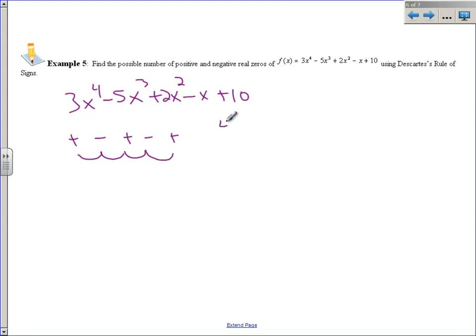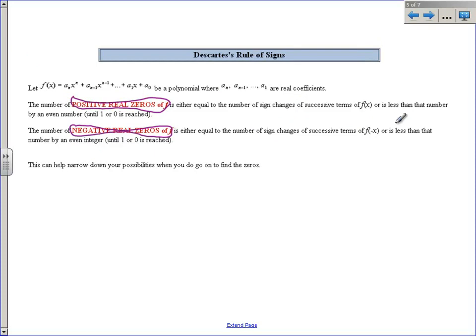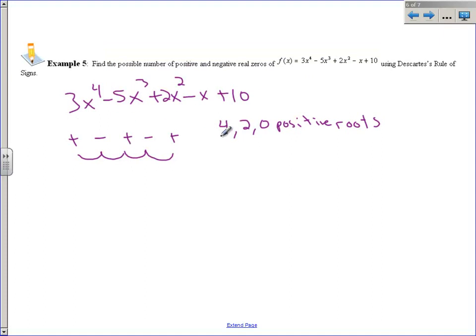So there are 4, 2, or 0 positive roots. I want to go back to the other page and tell you why I said 4, 2, or 0. It says or less than that number by an even number until 1 or 0 is reached. So once you figure out the number of sign changes, you need to subtract 2 off until you get to 0. So what this means is this graph either has 4 positives, 2 positives, or no positives.